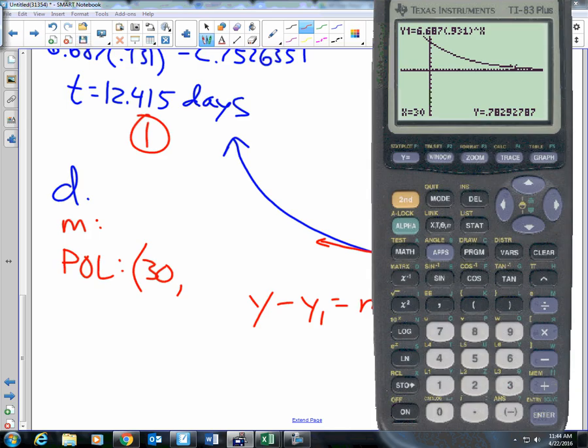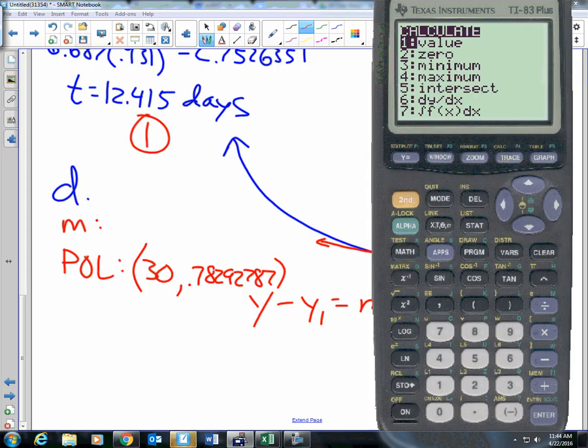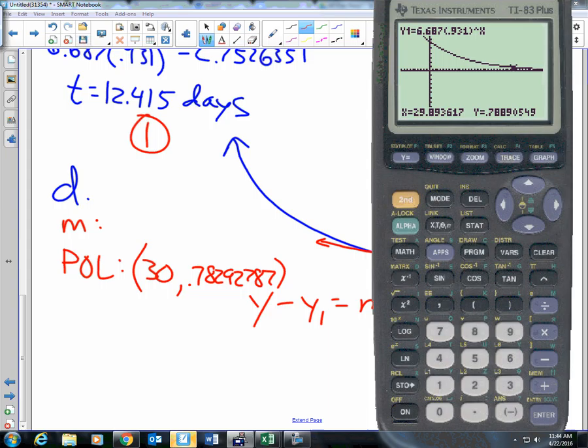And I get 0.782927787. What else do I need? How do I find that? Derivative. 6. 30. Once we have that, can we solve?